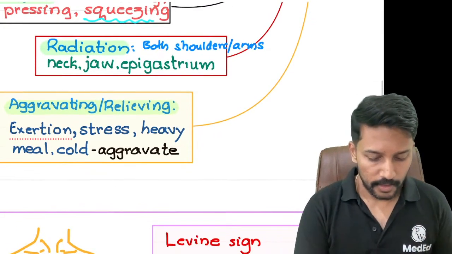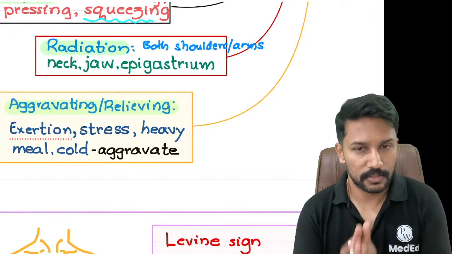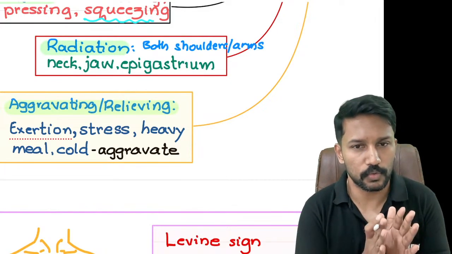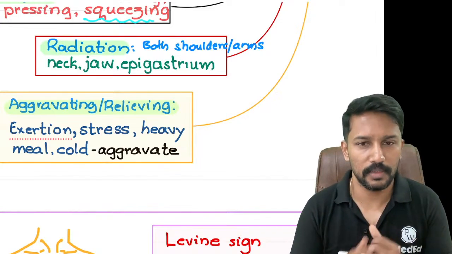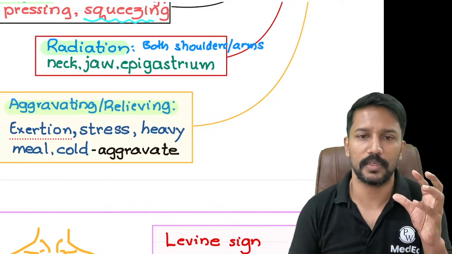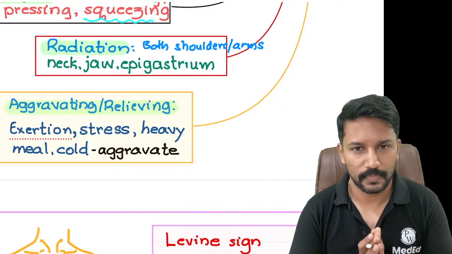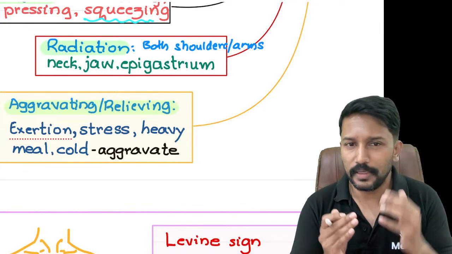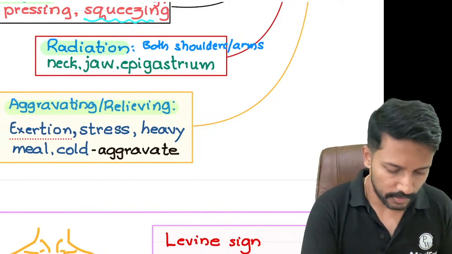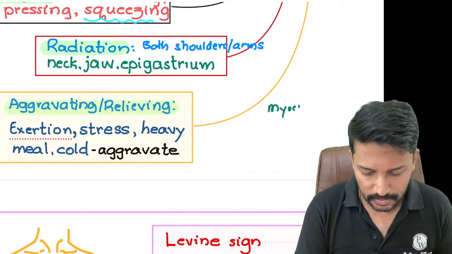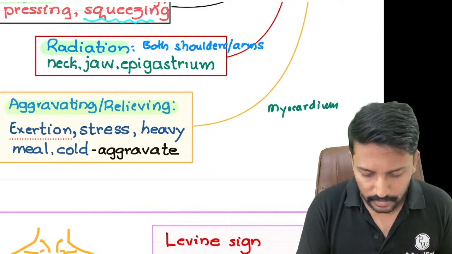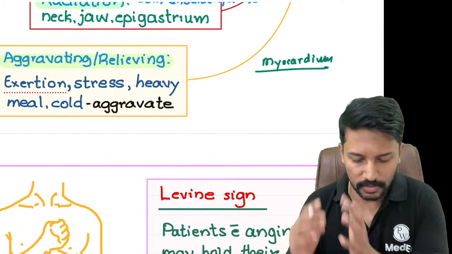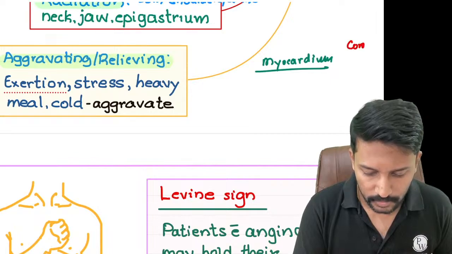Usually, if it is an anginal chest pain, it will have certain aggravating or relieving factors. What are those? When I say ischemia, what does that mean? Your myocardium requires some amount of blood supply and it is not getting that much. That is what ischemia means, right? So the myocardium requires some amount of blood consistently, constantly, and that is supplied by the coronaries.